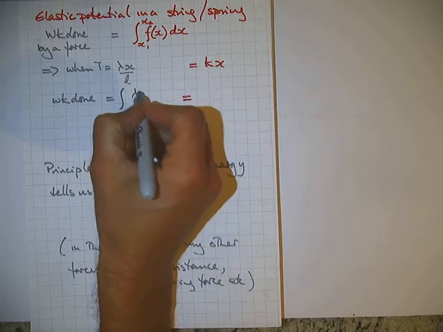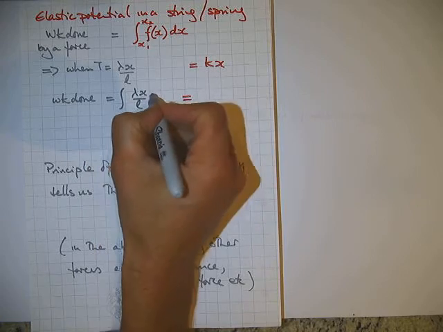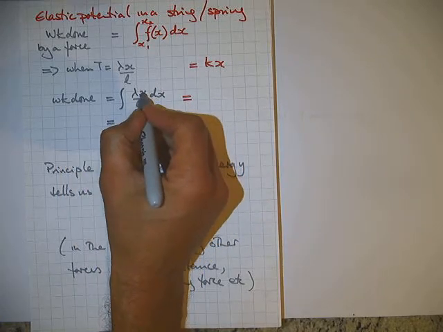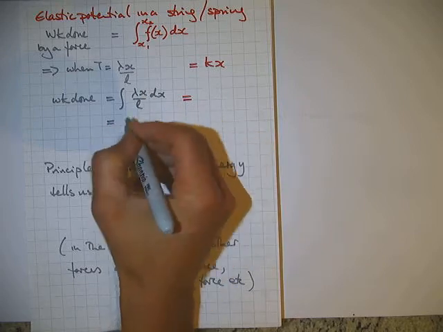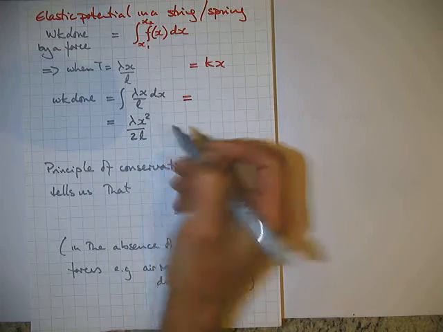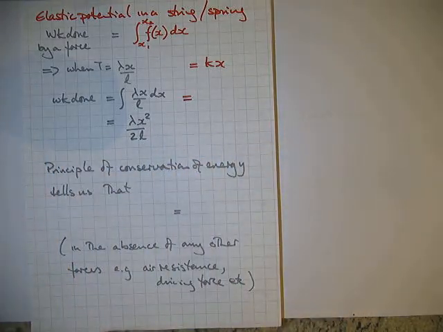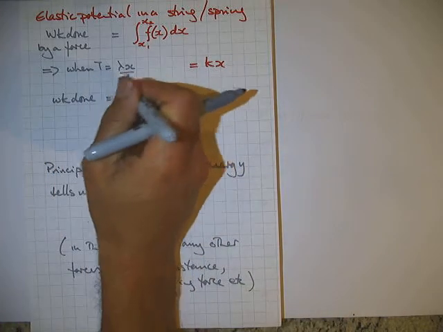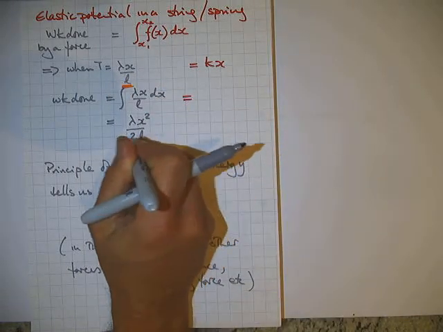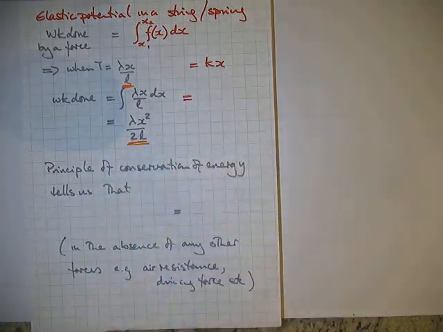If you integrate that with respect to x, x is the only variable there, x squared over 2, you get lambda x squared over 2L. Now that's going to be the confusing bit. You've got lambda x over L, but in the EPE equation, you've got lambda x squared over 2L.